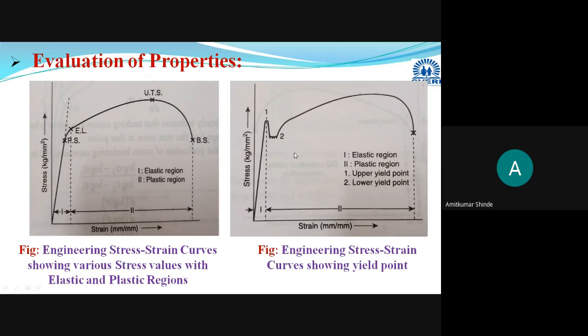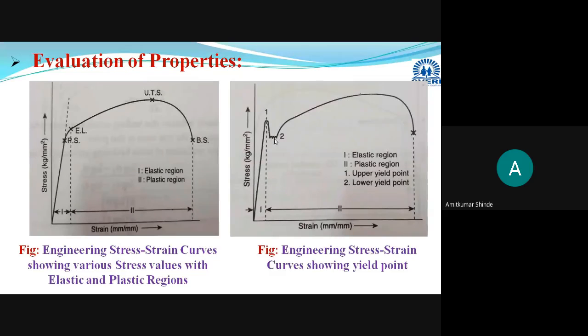Now for this particular yield point, you can see from this diagram that stress is not increasing. In this region 1 to 2, clearly you can see that stress is not increasing, but the value of strain is increasing. At that particular stress value, that will be termed as the yield point.